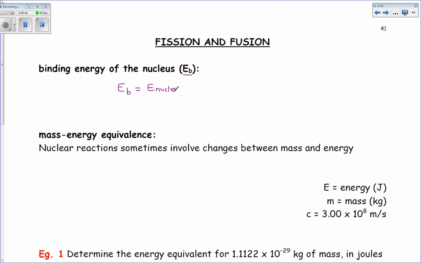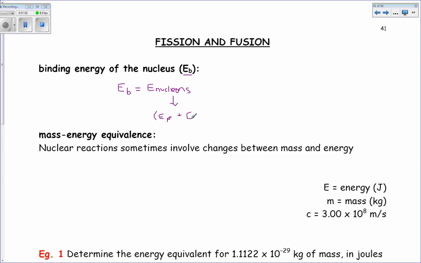So the energy of the nucleons, what that is, it's the energy of the protons plus the energy of the neutrons. So energy of protons, E proton, plus the energy of the neutrons.